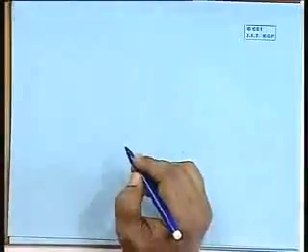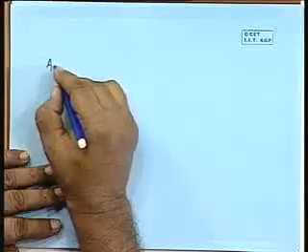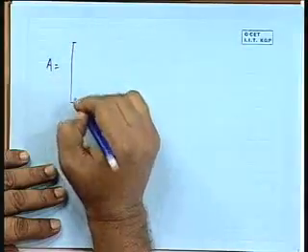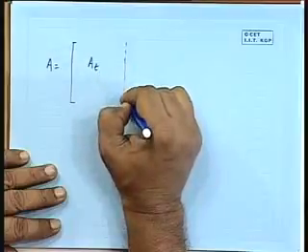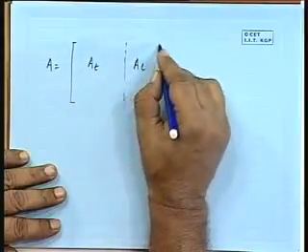Now in a tree, for each column you have got at least one 1. In matrix A, I have got AT, AL.